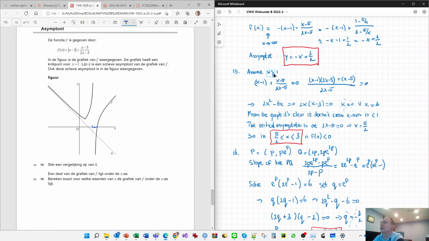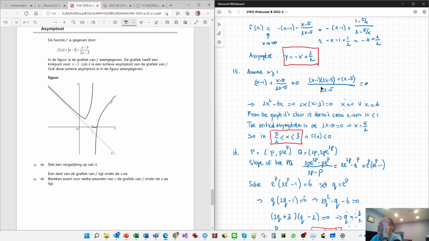So we can assume x is greater or equal than 1, which means that this absolute value just becomes x minus 1. So to find this intersection, we just say x minus 1 plus (x minus 5) divided by (2x minus 5) is 0.